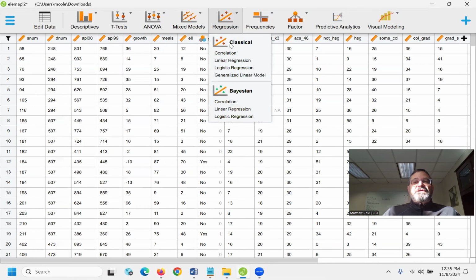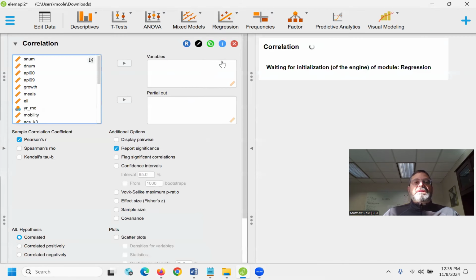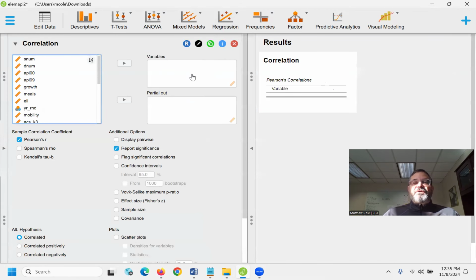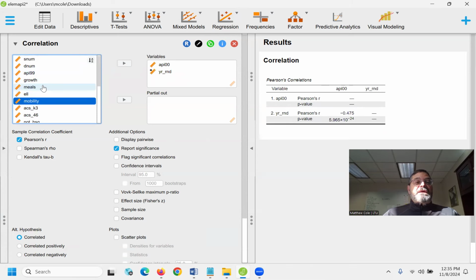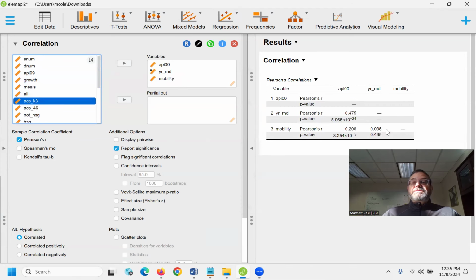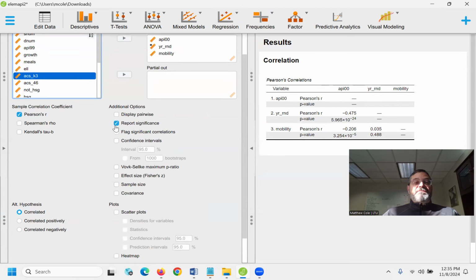All right, so let's start with the correlation. And now it gives us an opportunity to practice multiple correlations. So we've got API, we've got year-round, and we have mobility. So we want to report the significance. We might as well flag significant correlations.